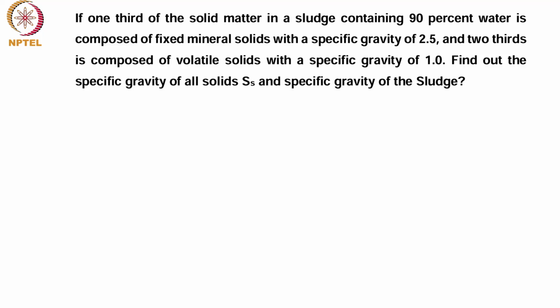So 1 by specific gravity of sludge equals what is given in the question. 90% is water, so 0.9 divided by specific gravity of water, which is 1, plus fraction of solids 0.1 divided by the specific gravity of solids we found as 1.25. Can you solve and tell me the specific gravity of sludge?